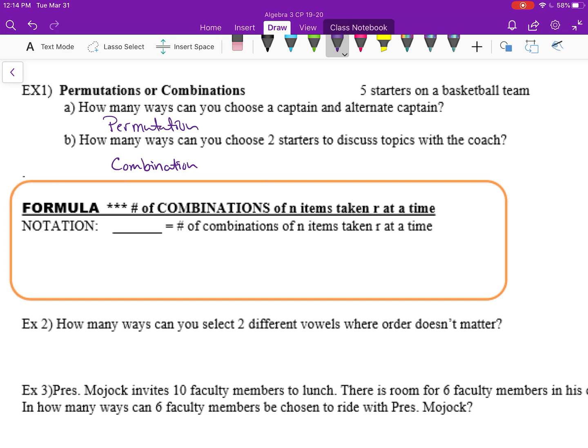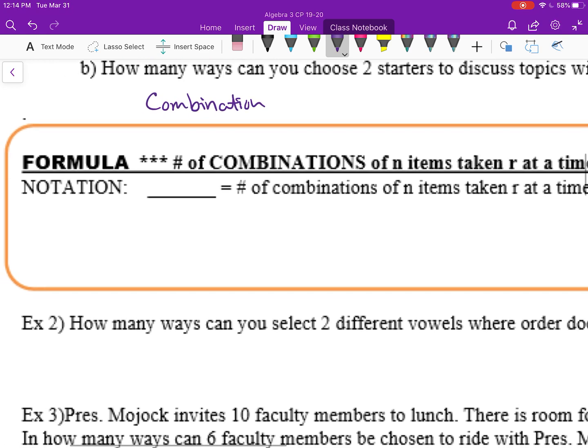The only difference as far as the notation is, instead of a P, we use a C. So we have nCr. That's a combination instead of a permutation. It's n choose r. So you have n number of objects and you want to choose r of them, like 5 choose 3 or things like that.